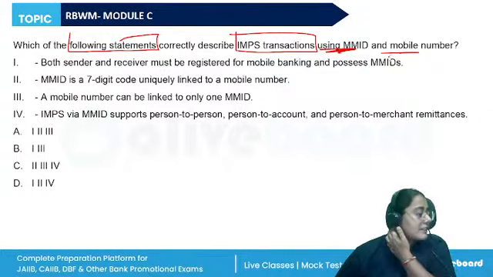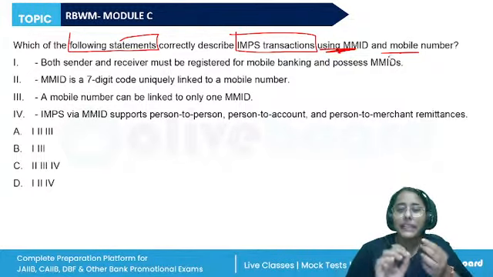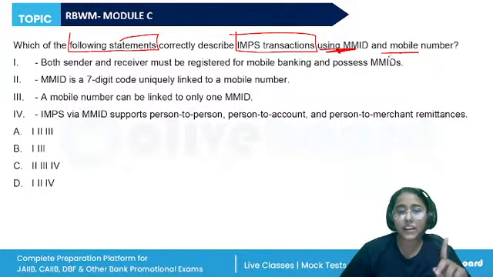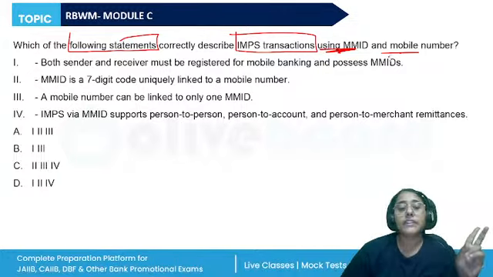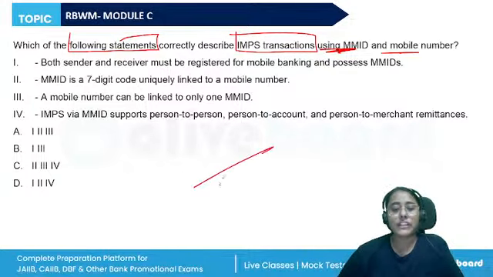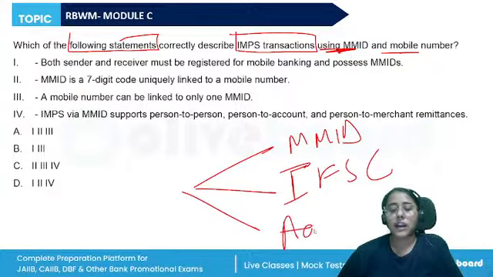Immediate payment services, and it can be transacted using the mobile money ID, MMID, using the IFSC and the account number, and even the Aadhaar number, right? There are 3 ways for which we can avail the IMPS: MMID, the IFSC, and the Aadhaar number.